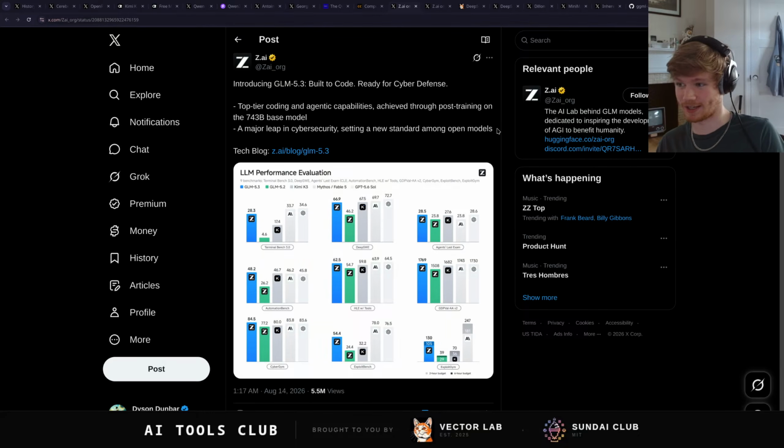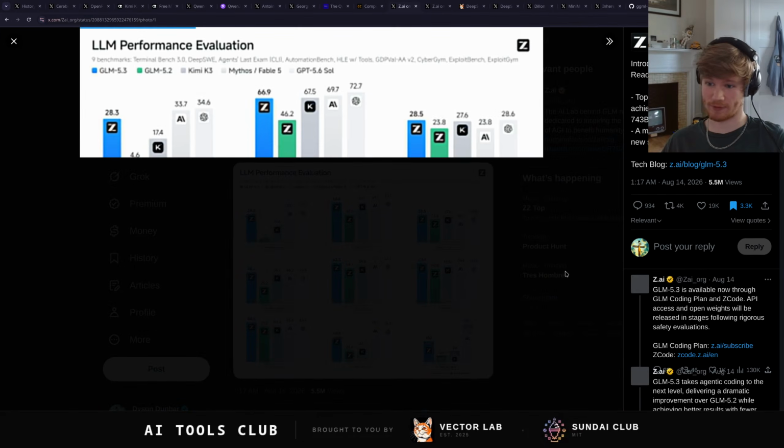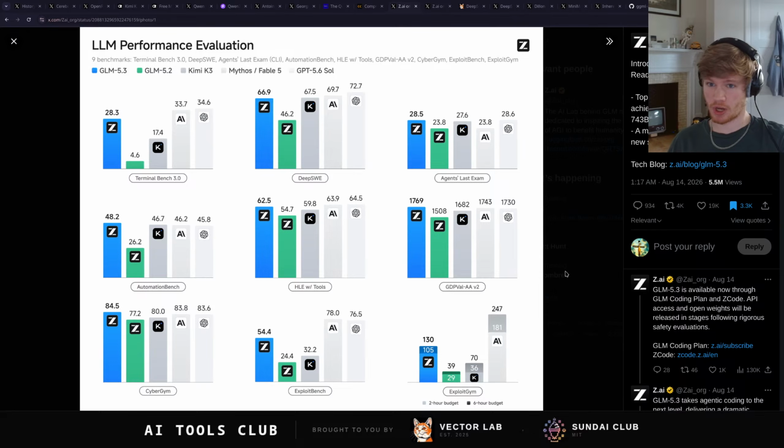There was no API release with it, which is why I did not cover it, because all the third-party benchmarks had not been able to be run, and a lot of people hadn't really used it. So performance-wise, at least from the benchmarks and the little that I've seen so far, it seems to be another step up from GLM 5.2. My guess is this will put it around Kimi K3 level, maybe a little bit better.